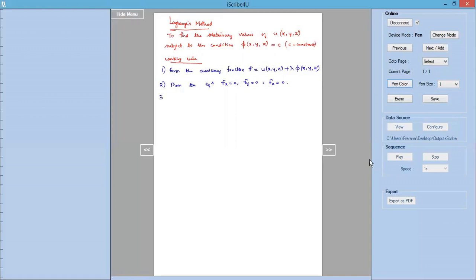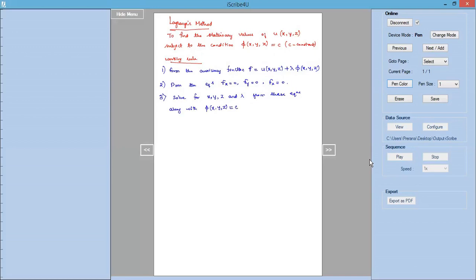The third working rule says that we solve for x, y, z and lambda from these equations, along with the given subsidiary condition, phi of x, y, z is equal to c.